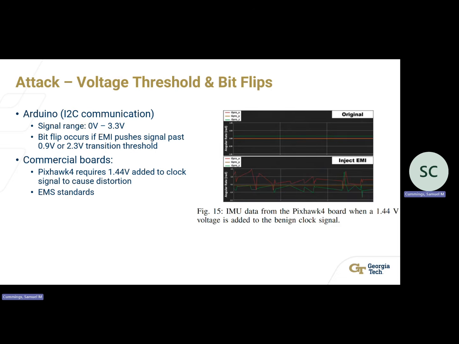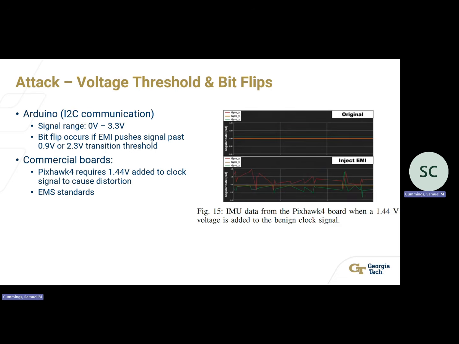So what that means is the boards have a threshold of 0.9 volts to 2.3 volts. So anything above 0.9 volts will be represented as a 1, and anything below 0.9 volts is represented as a 0.